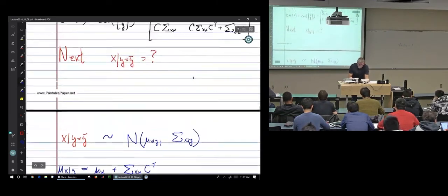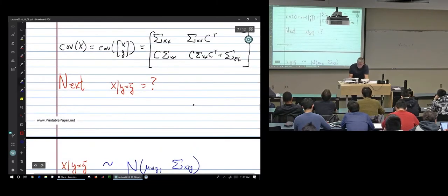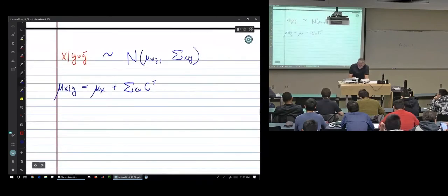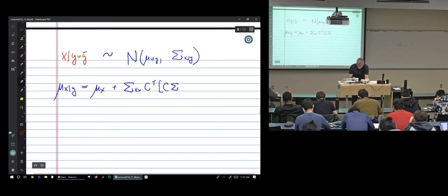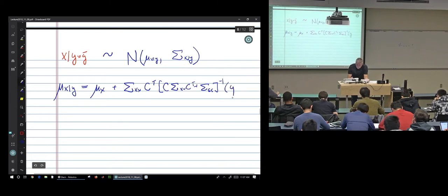Let's peek up and check. Sigma xx C transpose, that's the correlation between x and y, times the information matrix, so we go C sigma xx C transpose plus sigma epsilon epsilon inverse, times the measured value minus the mean of y.